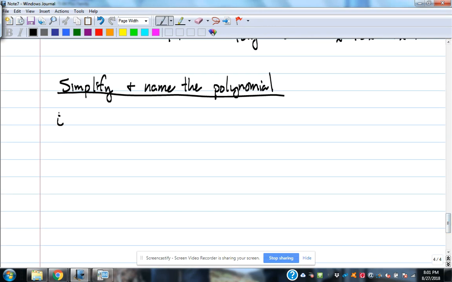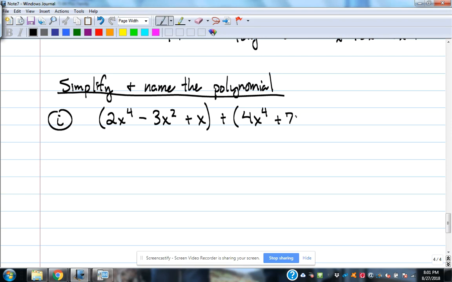Example I. Let's say we had 2x to the 4th minus 3x squared plus x plus 4x to the 4th plus 7x squared minus 6x. There's just a nice couple of polynomials to deal with. We're going to simplify those before we name what kind it is.